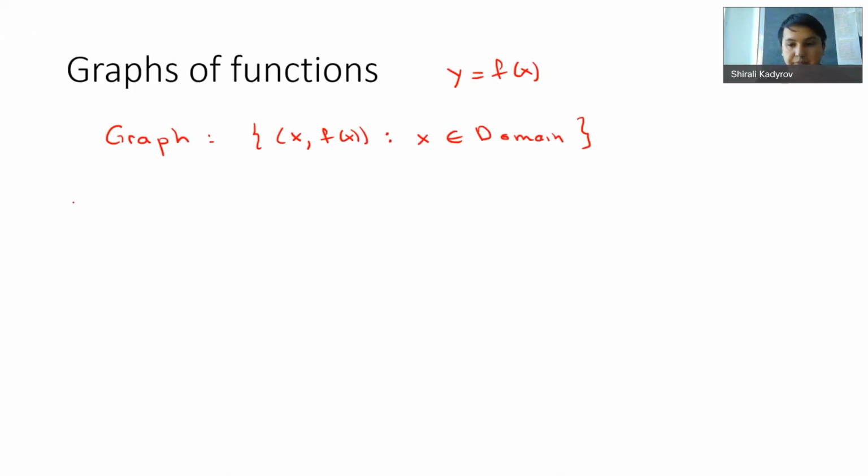Well, let's do an example. Let's take f of x is equal to x squared. So what is x squared? We know from high school, it's a parabola, right? So let's try to sketch it. Basically, let's first try to find the domain.